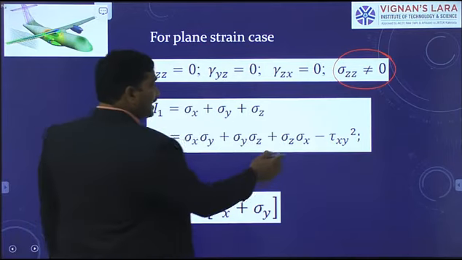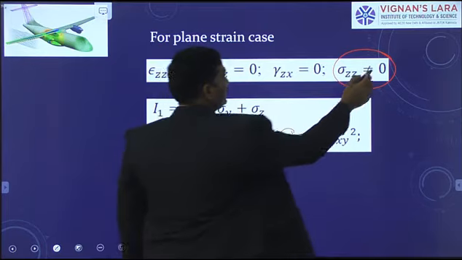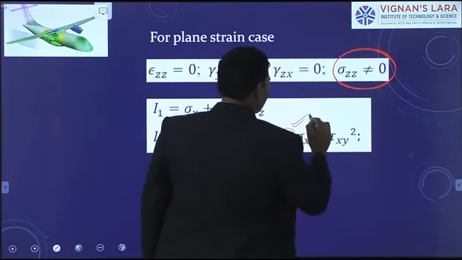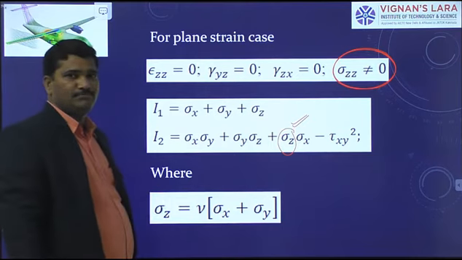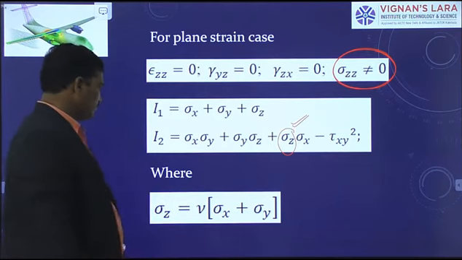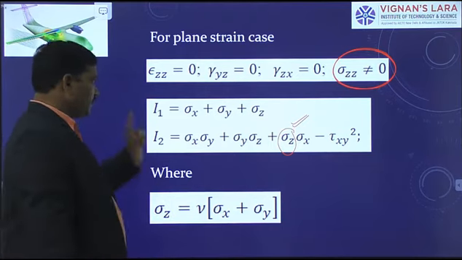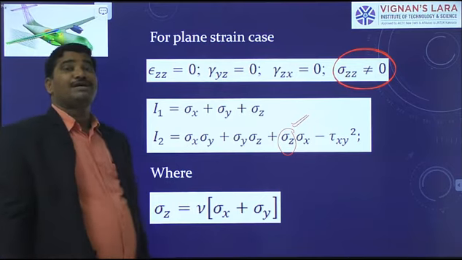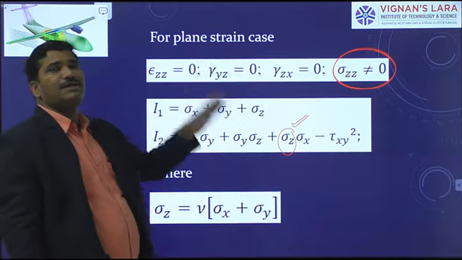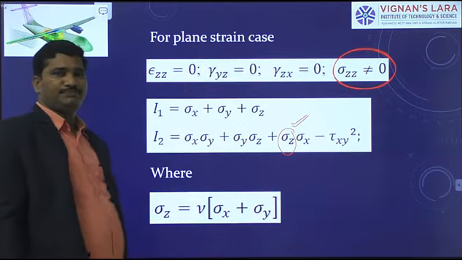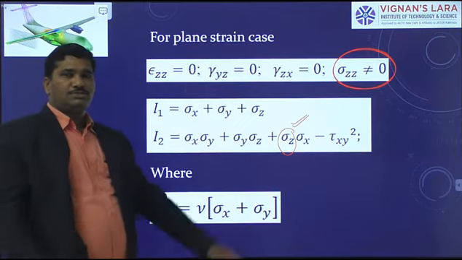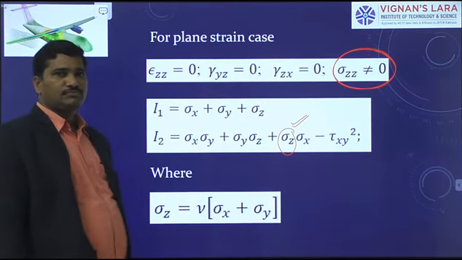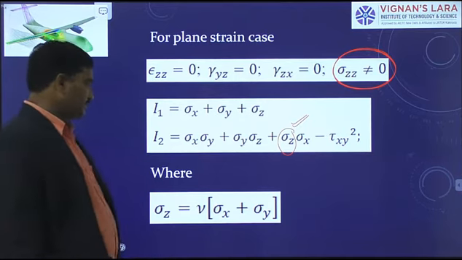Here, sigma z is appearing because sigma z is not equal to 0. Understand carefully, in plane strain. Okay? So, where sigma z equals nu into sigma x plus sigma y. Therefore, sigma z is not equal to 0. Okay, this is about the von Mises stress.